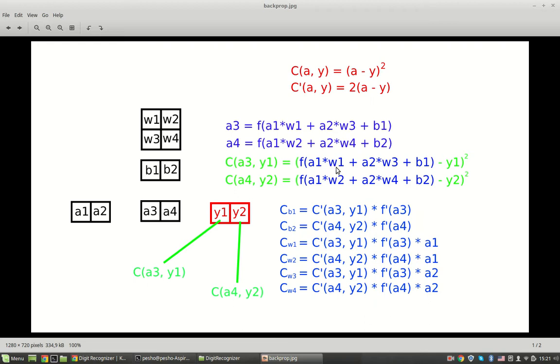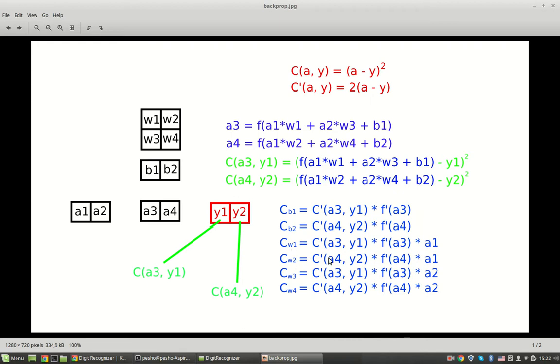Then the next layer we have is again the F function at A3. So we multiply that by the derivative of the sigmoid function at A3. And then we have a coefficient in front of W1, which is actually A1. So we multiply that by A1. And that's the partial derivative with respect to W1.